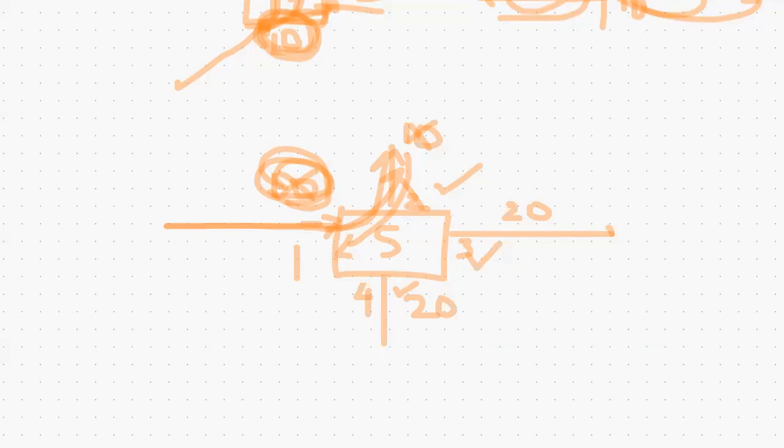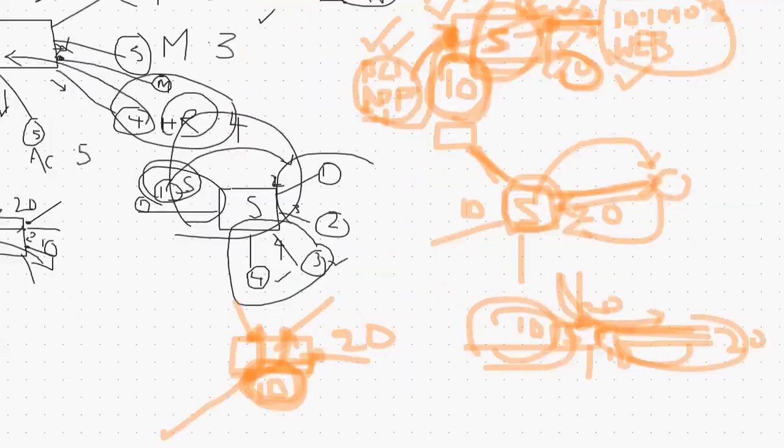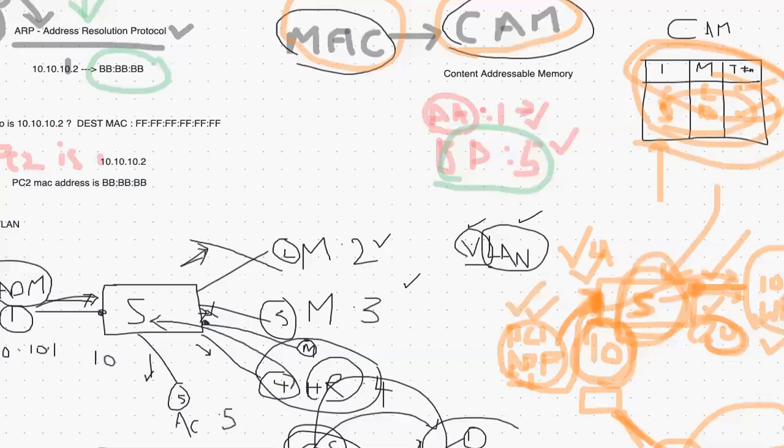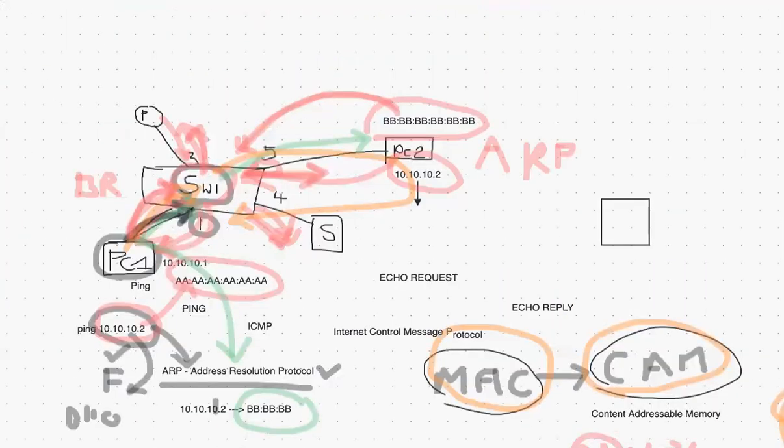Let's repeat whatever we discussed today. Ping is the protocol that is used to communicate between two devices at the network layer. Ping works on ICMP, the Internet Control Message Protocol.